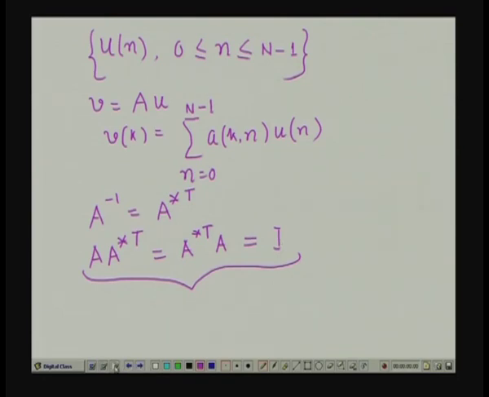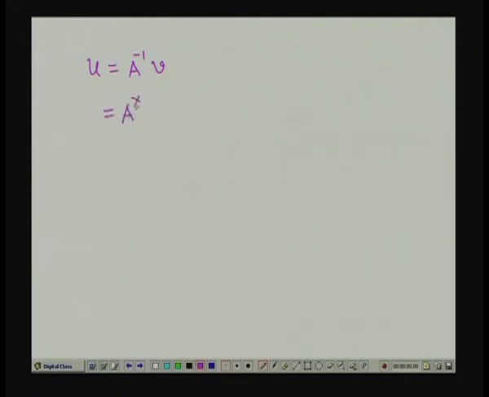So, this original sequence is obtained by a similar relation, which is given by u is equal to, obviously, A inverse V, and in our case, since A inverse is same as A conjugate transpose, this can be written as A conjugate transpose V, and this expression can be expanded as u n is equal to summation V k A conjugate k n, where k varies from 0 to N minus 1.